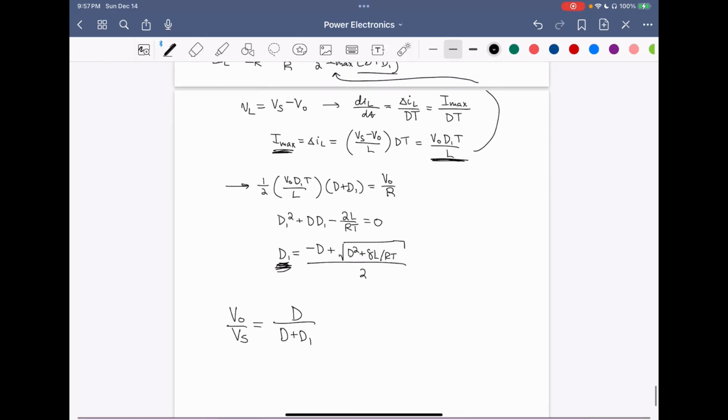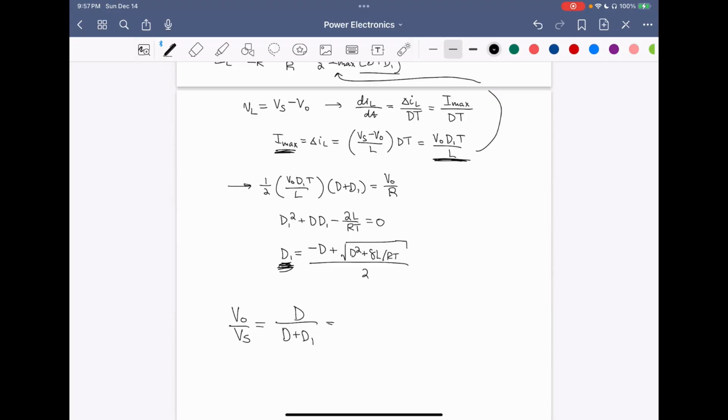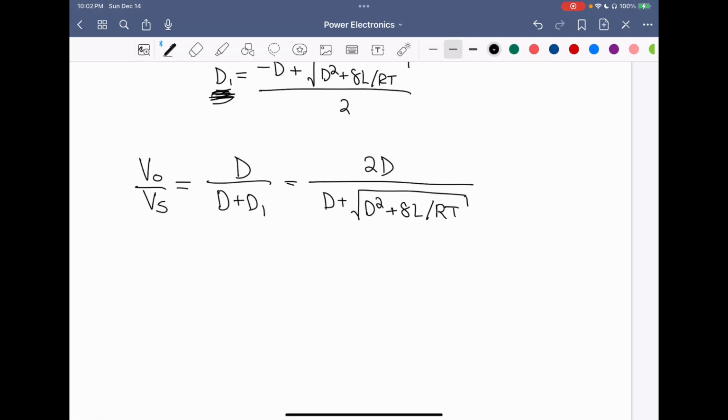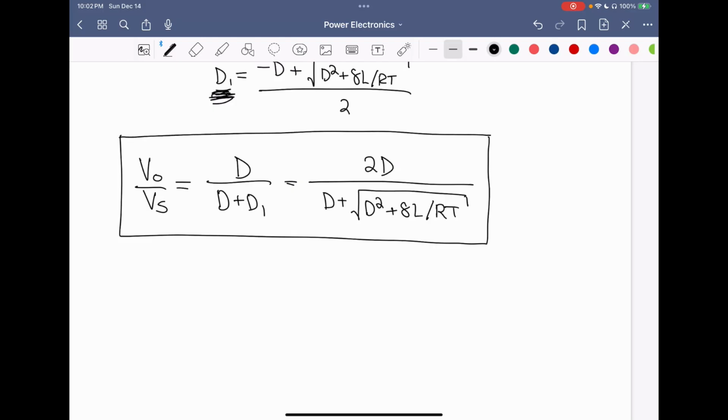And plugging this in, we get that the voltage conversion ratio equals 2D over D plus the square root of D squared plus 8L over RT. So we found the voltage conversion ratio for the buck converter in discontinuous current mode.